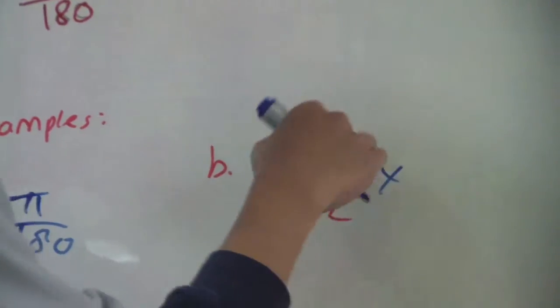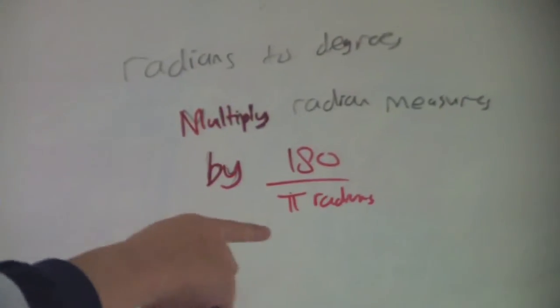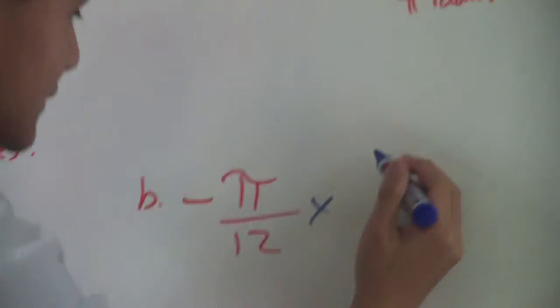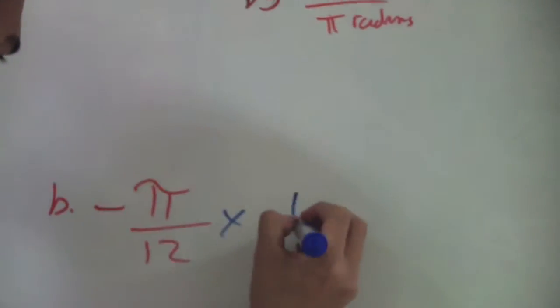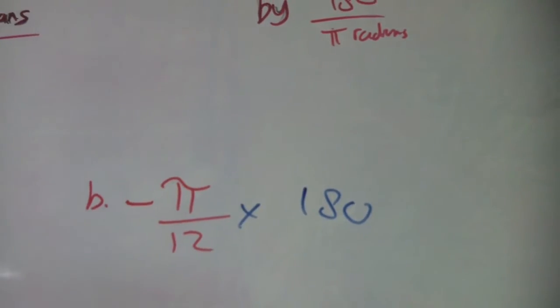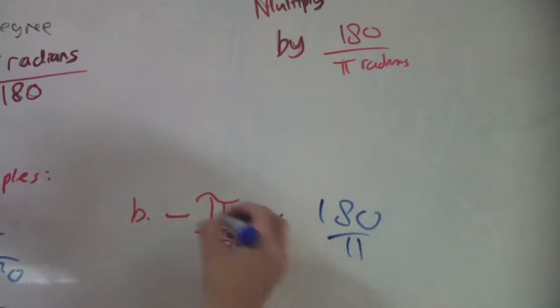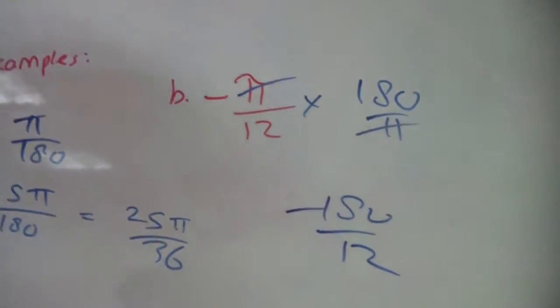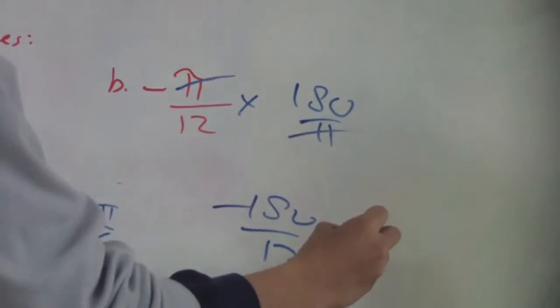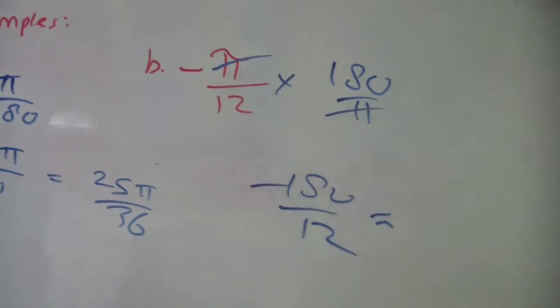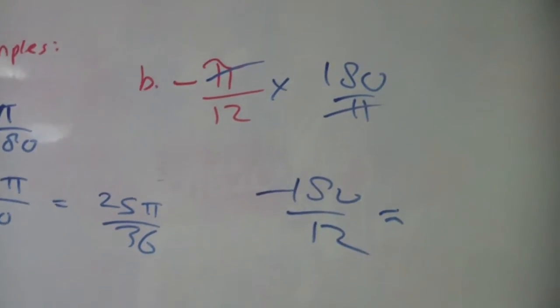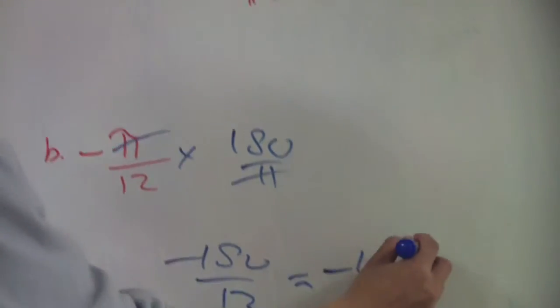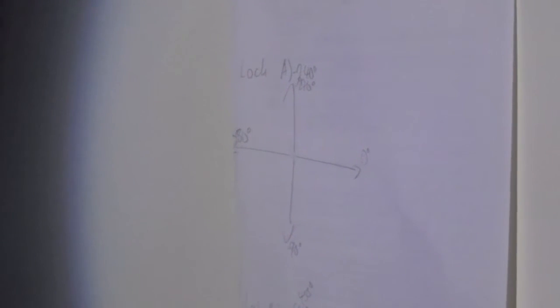This one is from radian measures to degrees, so we multiply by 180 over pi. This cancels out, so it becomes 180 over 12, and you just have to simplify that. So it becomes 15 degrees.